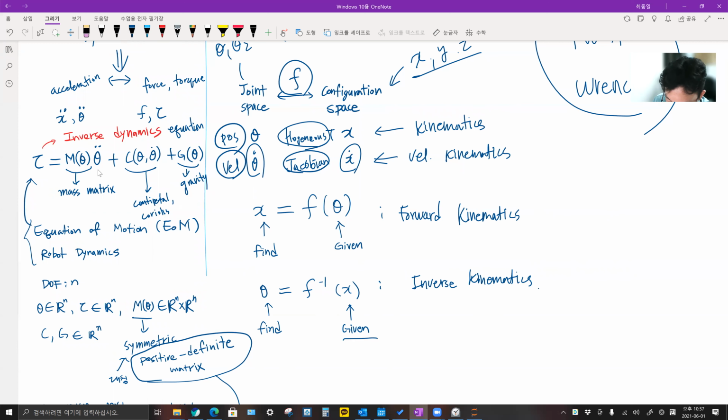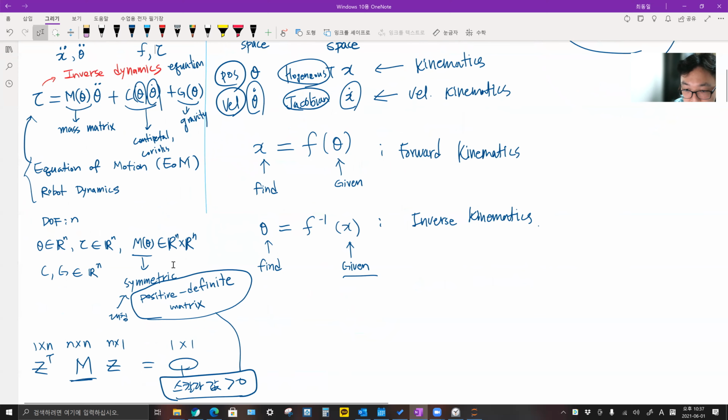In this equation, if we know the acceleration, position and velocity information, we can calculate the joint torque tau. So using the inverse dynamics equation, we can find this torque value. So we will deal with this.